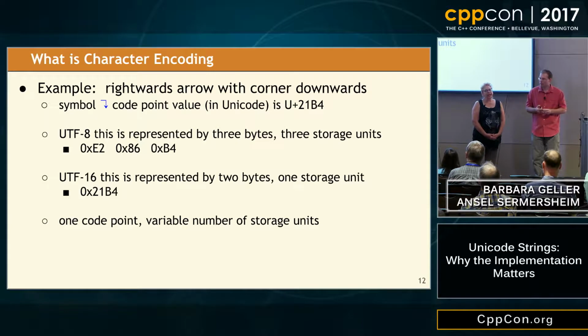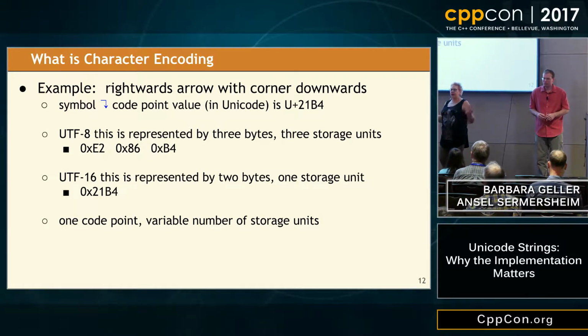That is the raw value that is specified in the Unicode table for this code point. When you're encoding in UTF-8, as you can see, it's going to take 3 bytes. So again, this is where it becomes really obvious in a value like this, because 21B4 is just an assigned value by the Unicode consortium. Once it's encoded in UTF-8, we're at 3 bytes, and in UTF-16, it is 2 bytes. What's really important to notice, this is 1 code point, not 2, not 3.